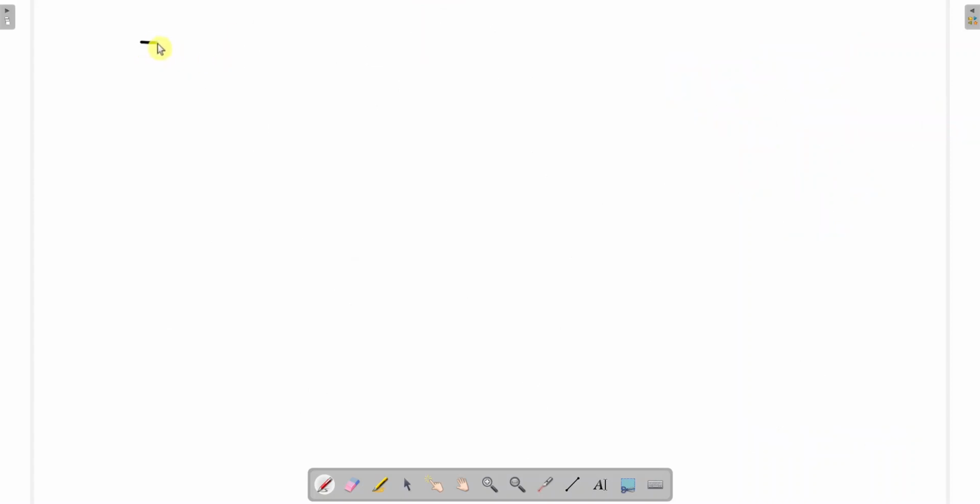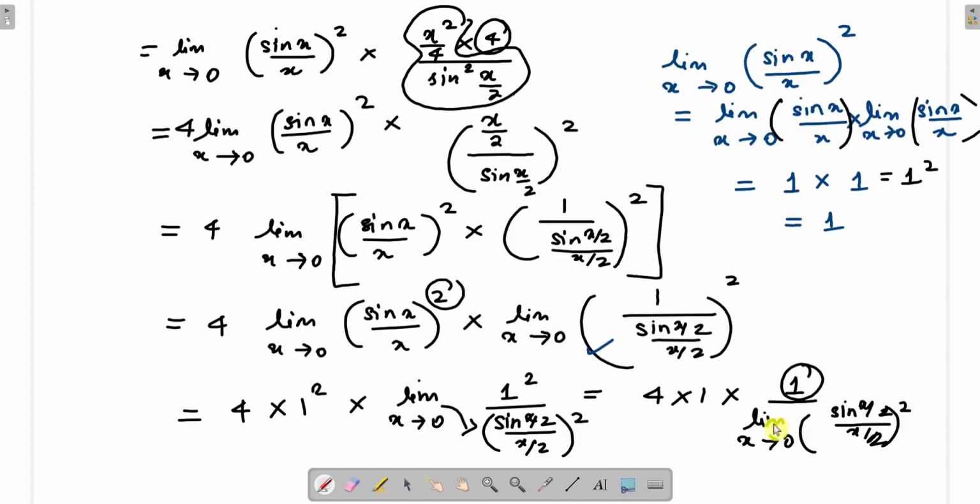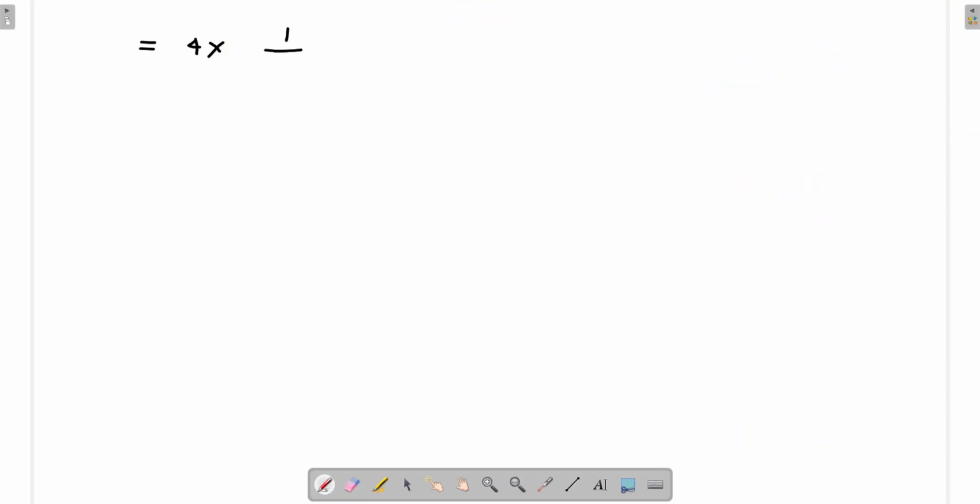Now what you will get here is 4 times 1 divided by limit x tends to 0 of sin x by 2 divided by x by 2. What will that be? So we will write x by 2 equal to y, right? If x tends to 0, this will imply x by 2 will also tend to 0.